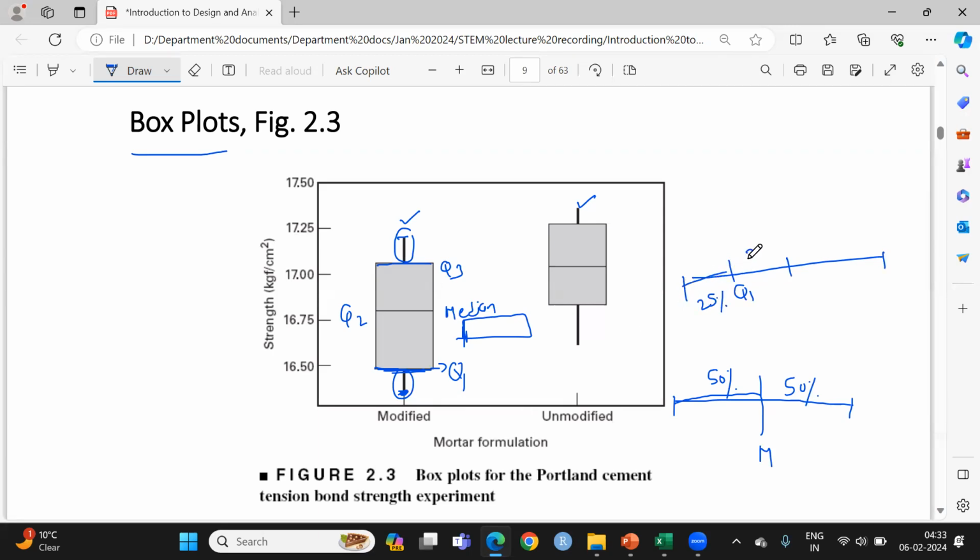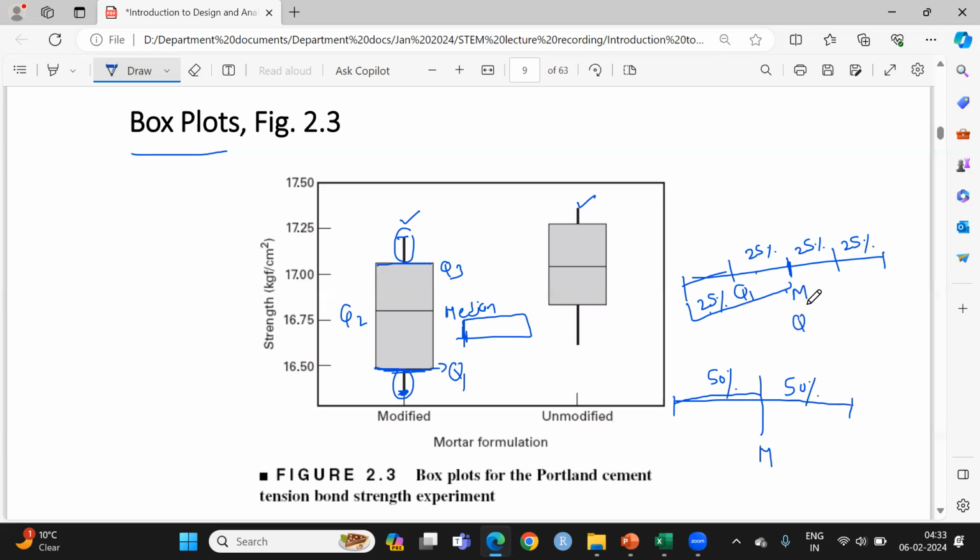The next section will consist of 25%, then the third section 25%, and the last one the remaining 25%. When I combine these two sections, 25% and 25%, this is equivalent to the median, because the total observations covered till this stage is 50%.